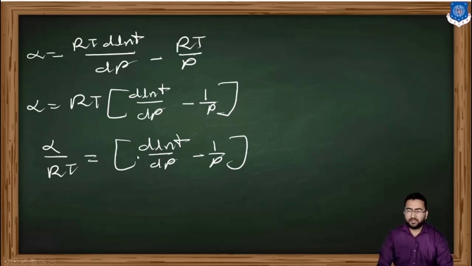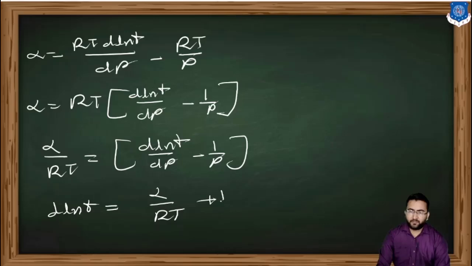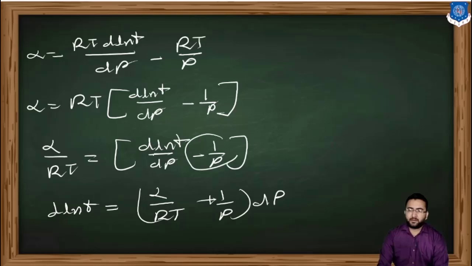Rearranging this equation, we will get d ln f is equal to (alpha upon RT plus 1 upon P) into dP. Making d ln f the subject, the 1 upon P goes to this side, so it becomes plus 1 upon P, and the dP goes to this side.